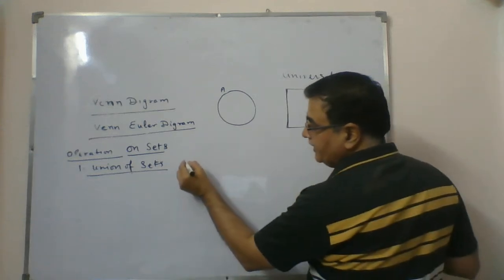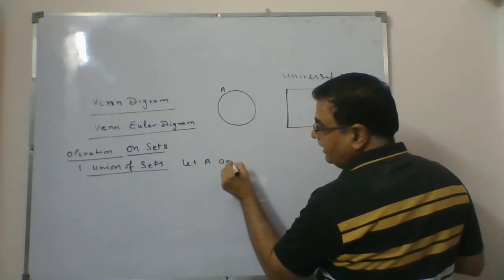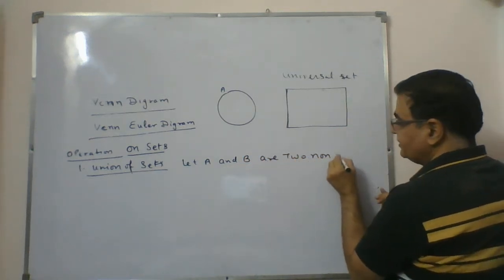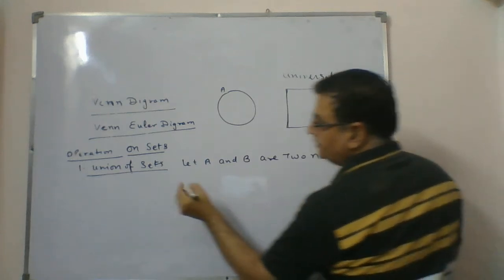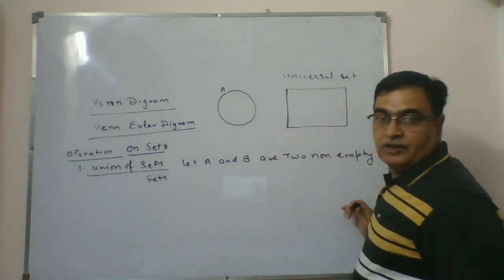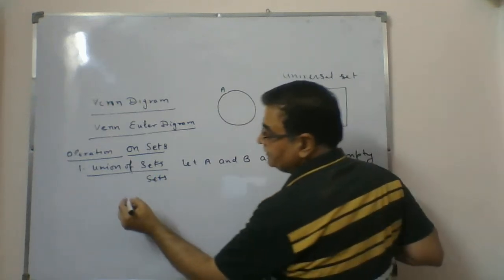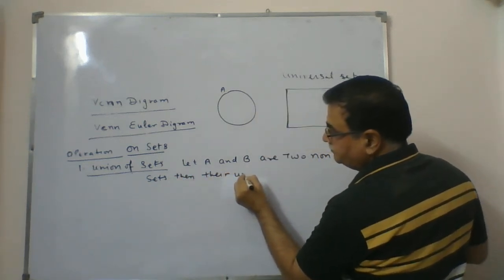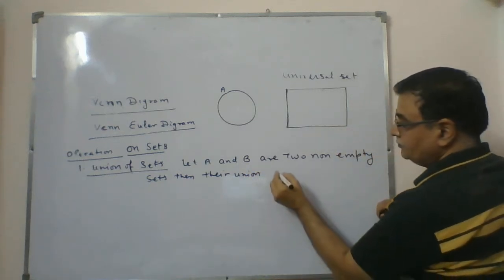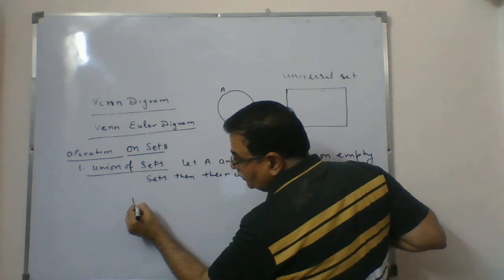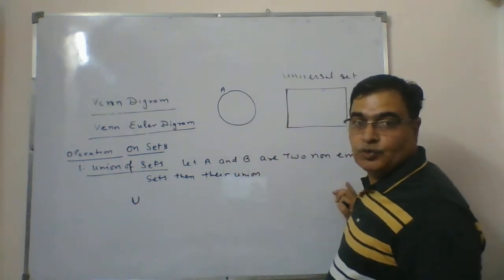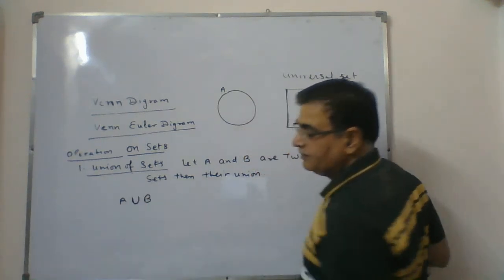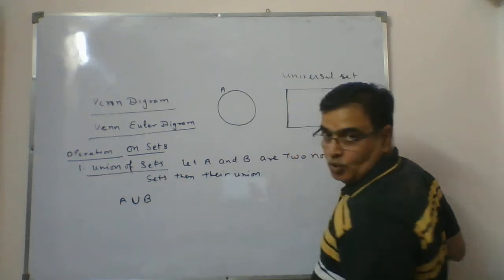Let A and B be two non-empty sets. Their union will be denoted by U. U is the symbol for union, and I am taking the union of A and B. So I say A union B. What does that show?